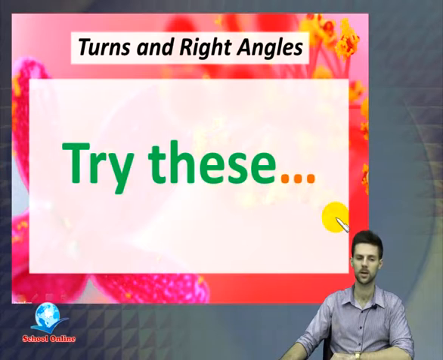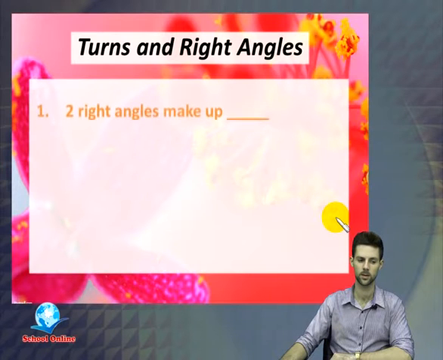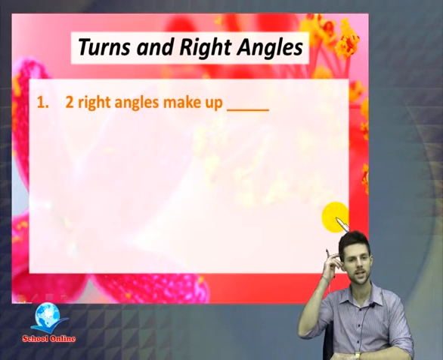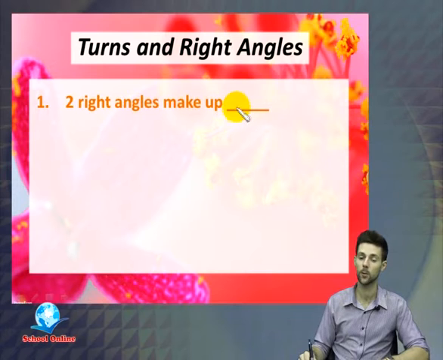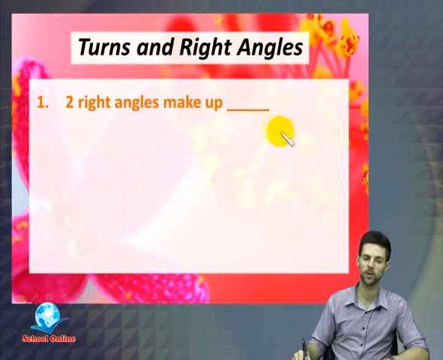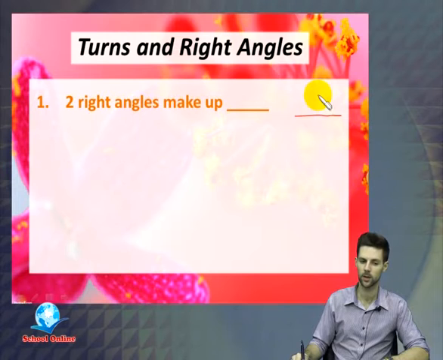So let's try these. 2 right angles make up what? So we have 2 right angles together. Let's draw that. We have a line and a right angle here and a right angle here. What is the size of this angle?